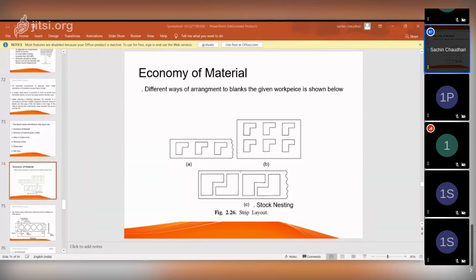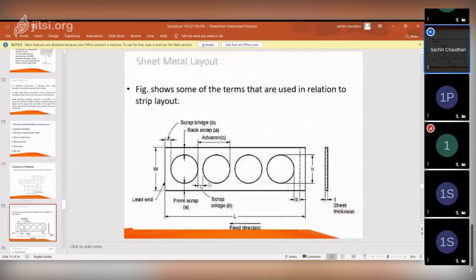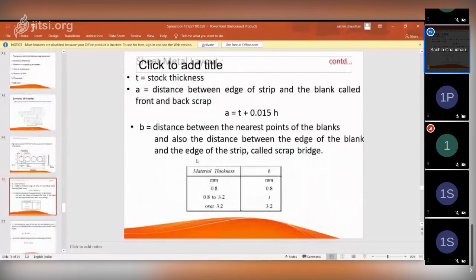Let's see the distances now one by one. Okay, so T is called the stock thickness. A is what? A is the distance between the edge of the strip and the blank, called the front and back scrap. Okay, so A is calculated with this formula.